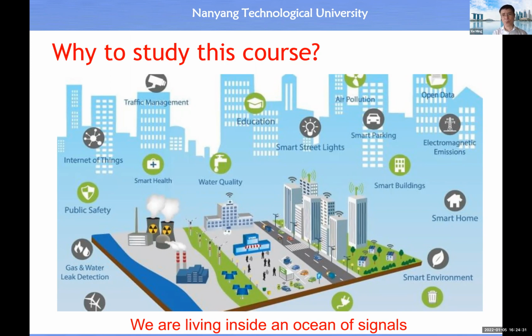Then how to improve the world or how to change the world? The answer is to invent smart products, smart systems, smart machine. Then how to invent smart products, smart machine, and the smart system? The answer is to incorporate closed loop feedback control system inside this system, this product or this machine.